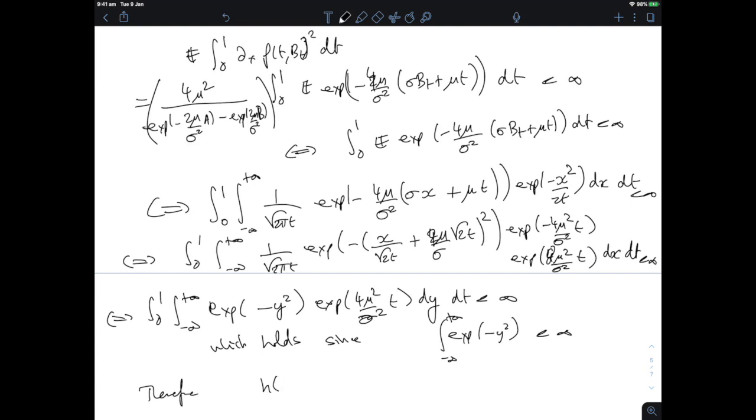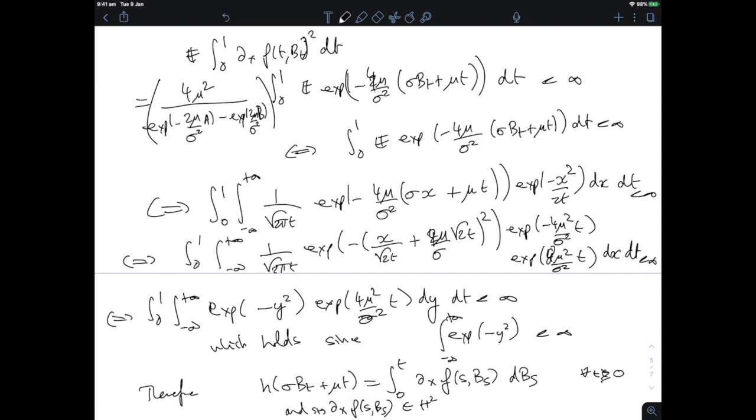Therefore h of sigma bt plus mu t is the integral from 0 to t of dx f of s bs dbs, and that's for all t. This process is in h2. I only did it for h2 of 0, 1, but it's really h2 of 0, T for any time interval.